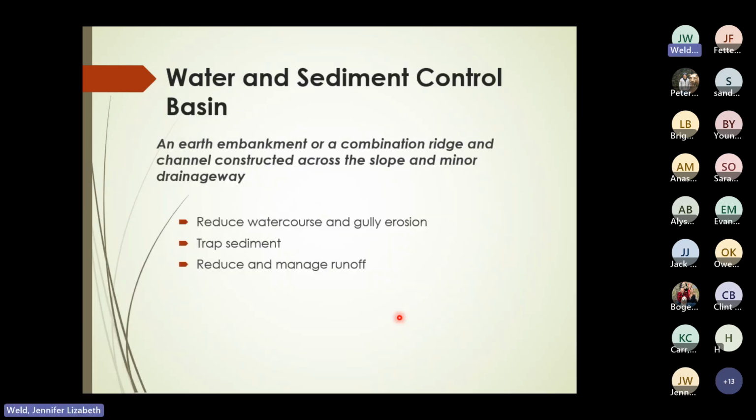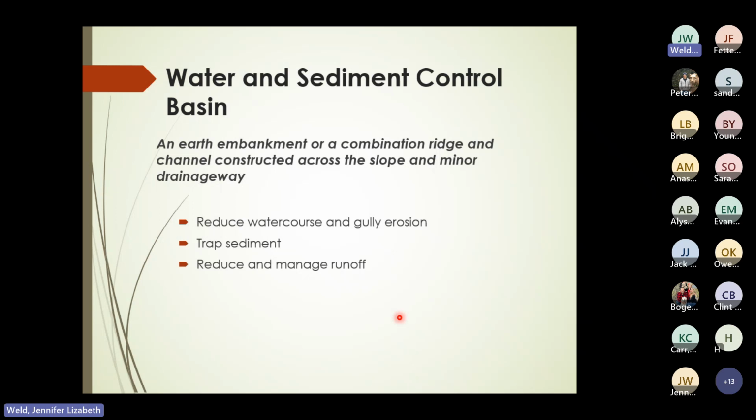So water and sediment control basins, these are earthen embankments, and it's usually a combination of ridge and channel constructed across the slope, but there's a minor drainage way. So they're really to reduce water flow and also gully erosion, controlling and diverting away from those concentrated flow areas.